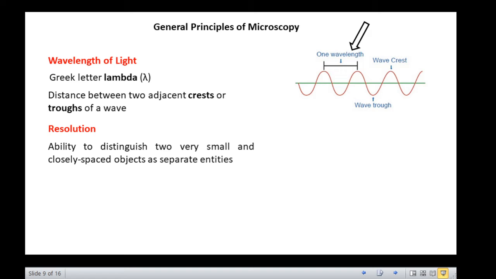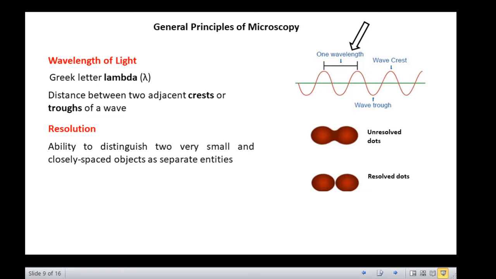If we want to see two objects as two separate things, then light has to pass through them. What would you call these two dots? Well, they are unresolved dots. And these are resolved dots. See the difference in both the pairs of dots.